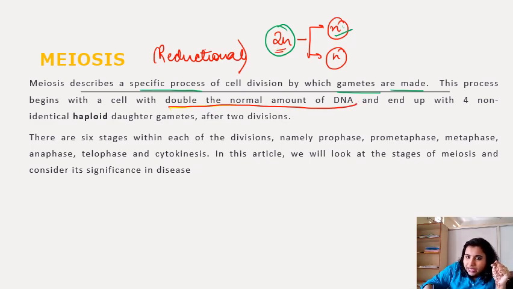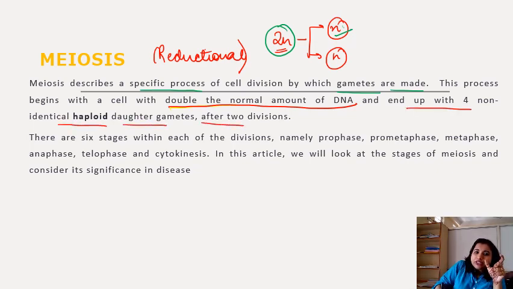See here, the amount of DNA is double in the parent cell. But when it divides into two daughter cells, it gets reduced to half, right? So this process begins with double the normal amount of DNA and ends up with 4 identical haploid daughter cells after 2 divisions.